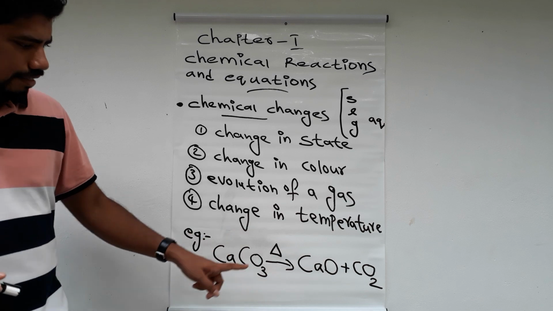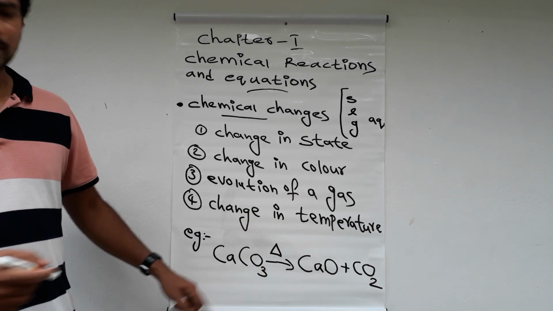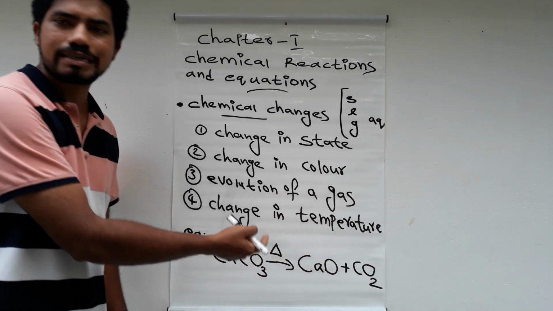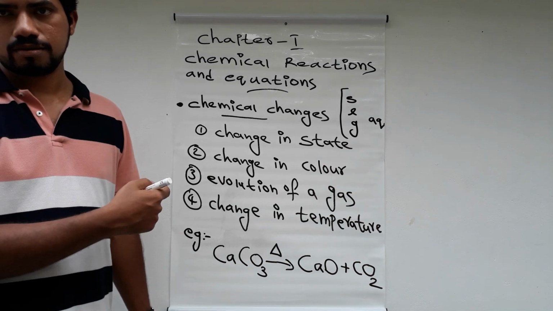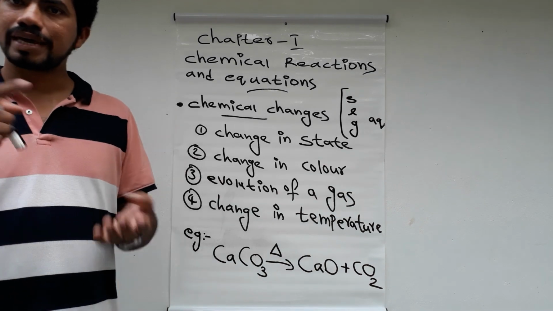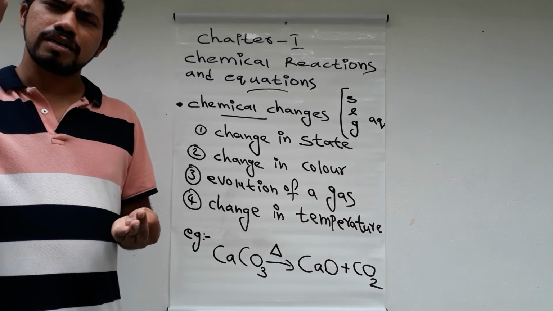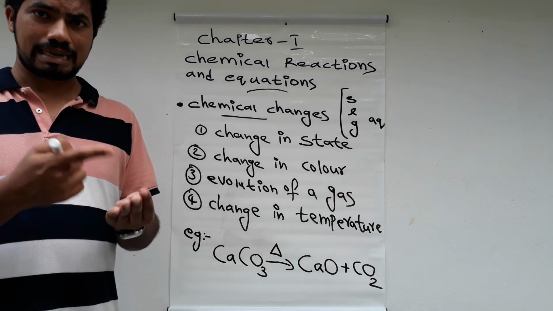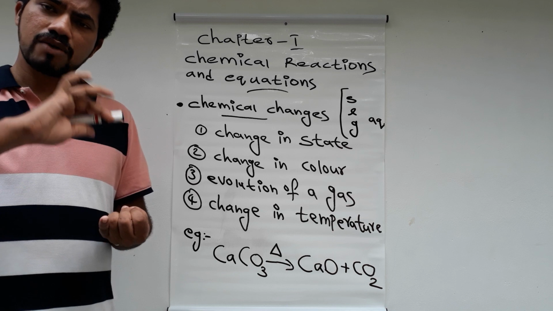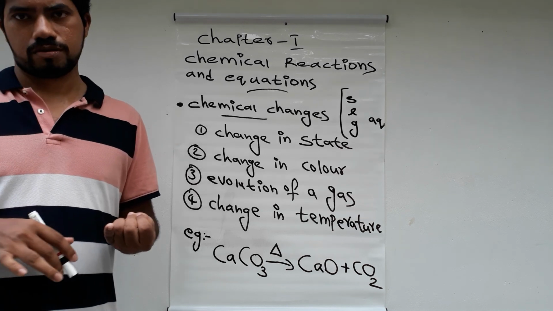Actually, there is a change in temperature happening in the given reaction, because in a thermal decomposition reaction, calcium carbonate takes heat energy, that is an endothermic reaction. You have exothermic reaction and endothermic reaction. Today I gave you a number of terms: endothermic, exothermic, combination, decomposition. We will discuss every concept and every term in the future.